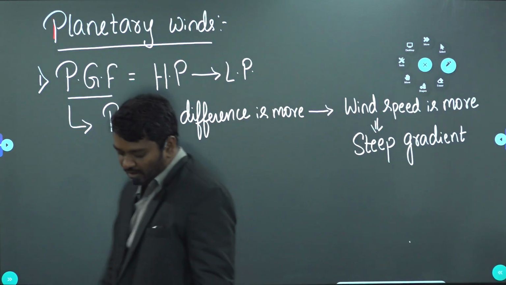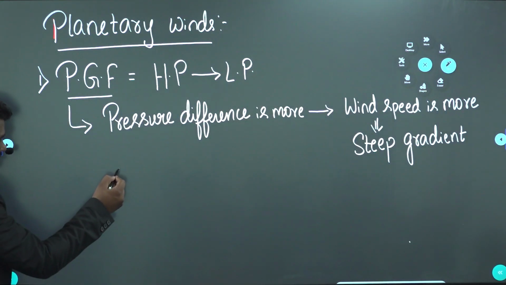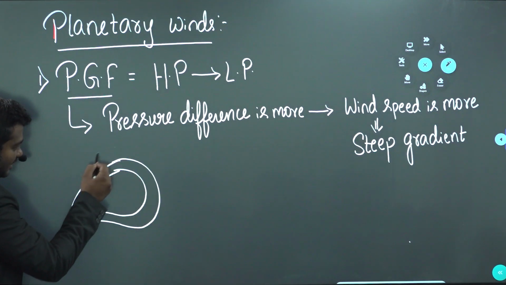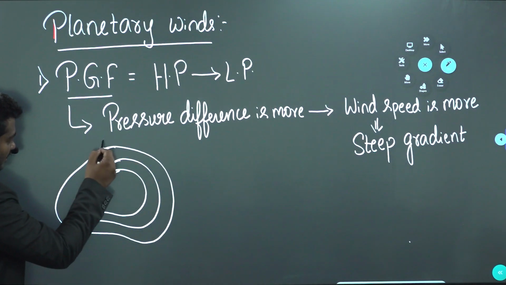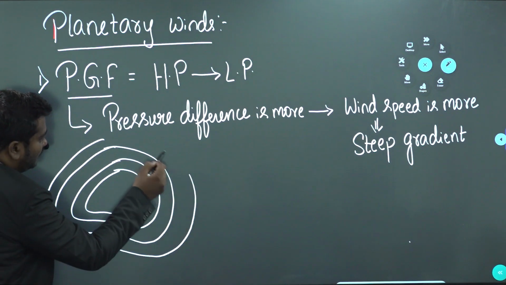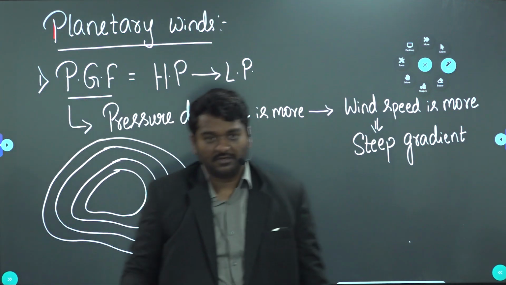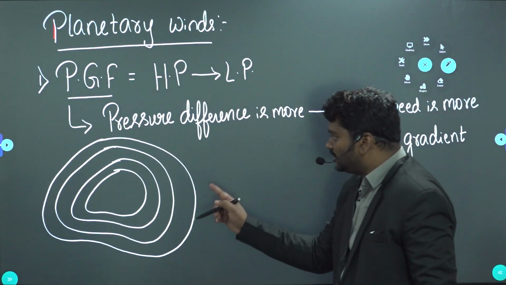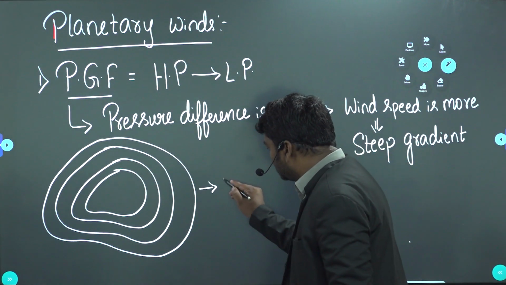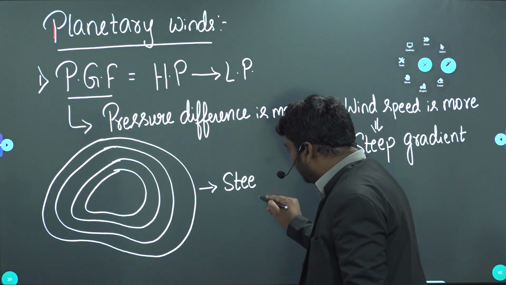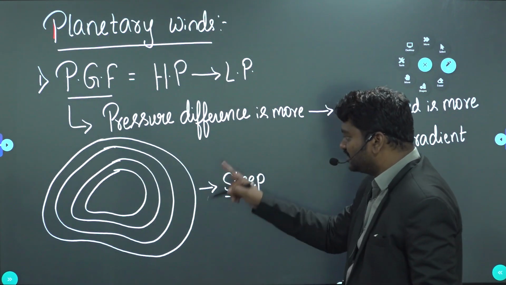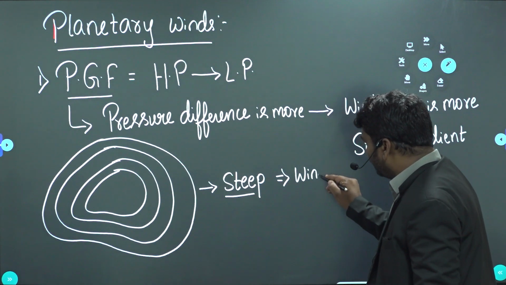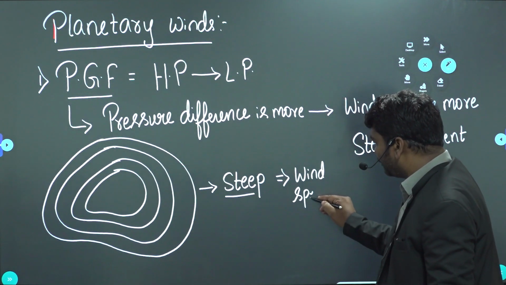And this in exam they will give you, if isobars are closely arranged, right? Anywhere if isobars are closely arranged, what is the meaning of closely arranged? Whenever isobars are closely arranged, it indicates steep gradient, that is difference is more, which means wind speed is more.